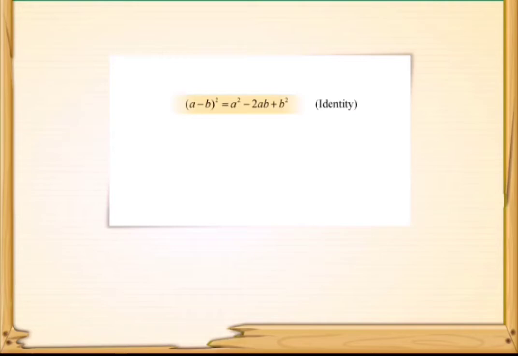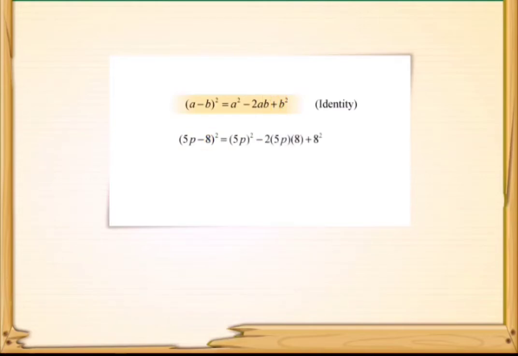You will now learn to use the second identity for solving the binomial expression (5b minus 8) whole square. If you compare the binomial expression with the identity on the right-hand side, you can substitute a with 5b and b with 8.